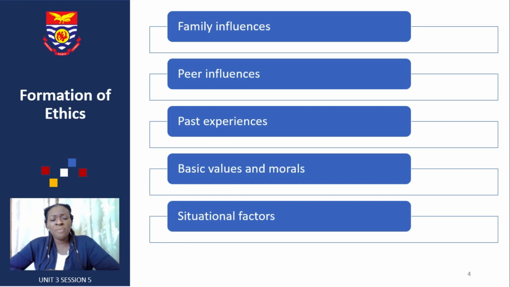If you're from a family like that, ethics will come a bit easily to you. But if you're from a place where everybody does what they like, where there's no right and no wrong, and whether you're killing somebody, slapping someone or abusing, it is all accepted, then your ethics will be a bit skewed. So family influences come in.